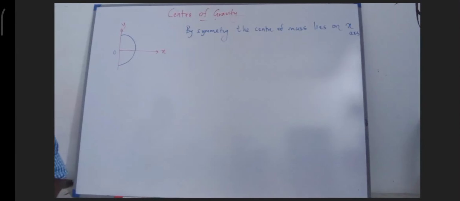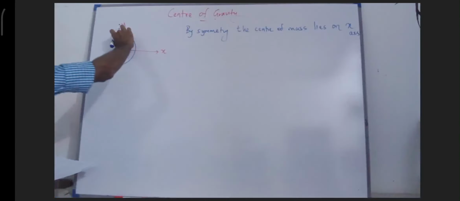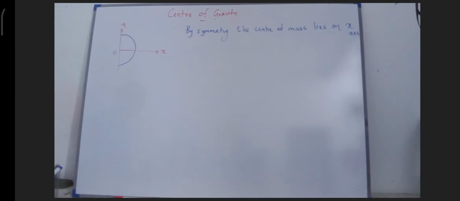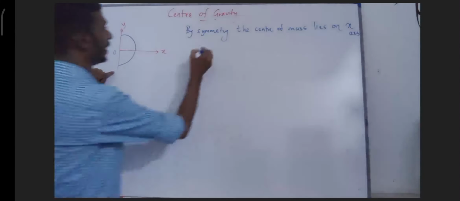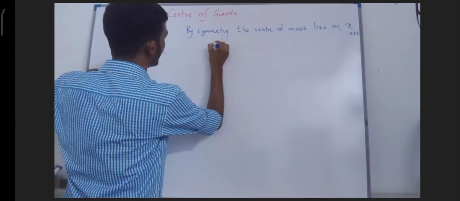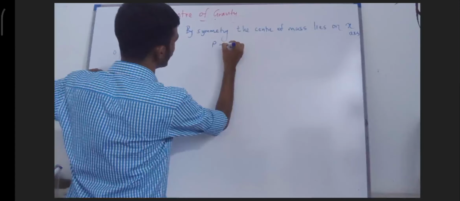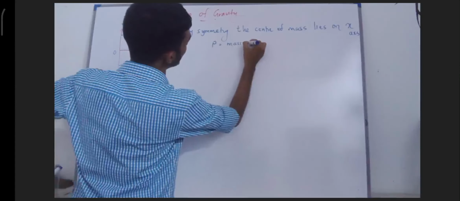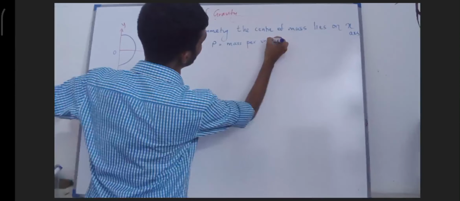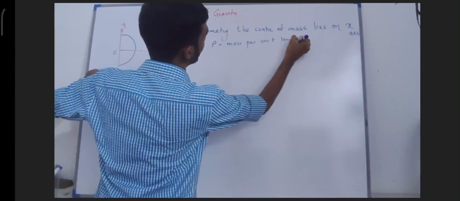After that, I have to take a representation for mass per unit length. This wire has a length, so per unit length I have to take a symbol. Let's take rho equal to mass per unit length.